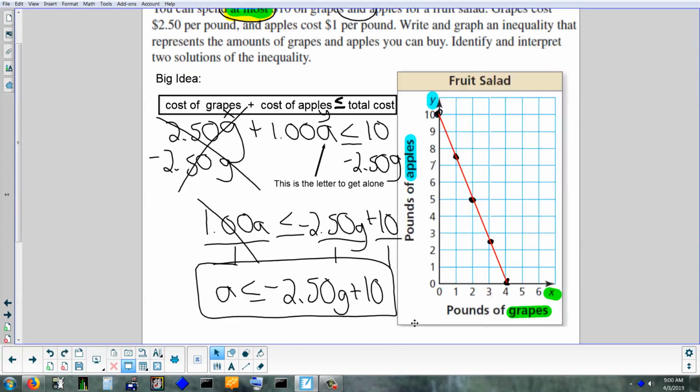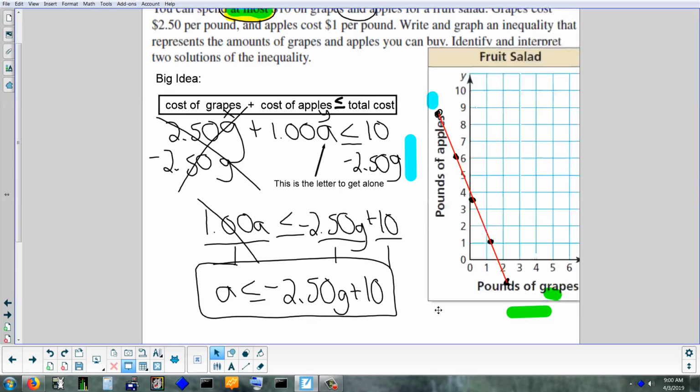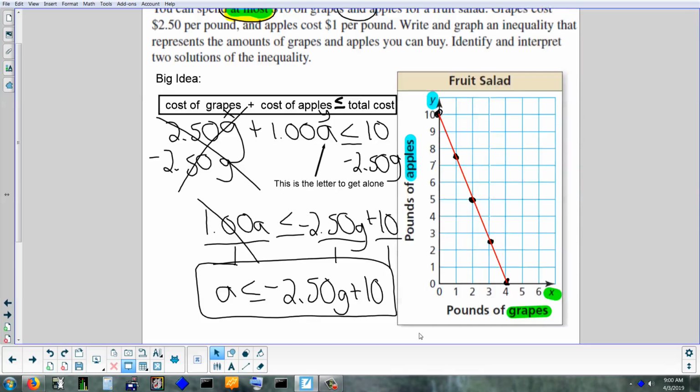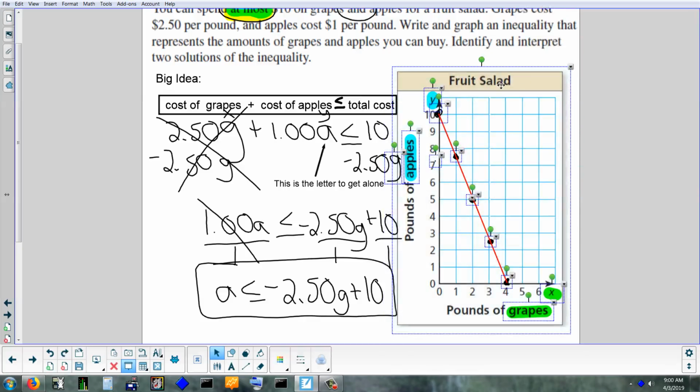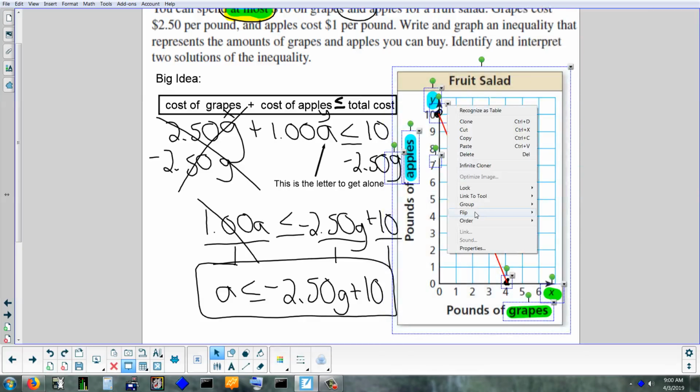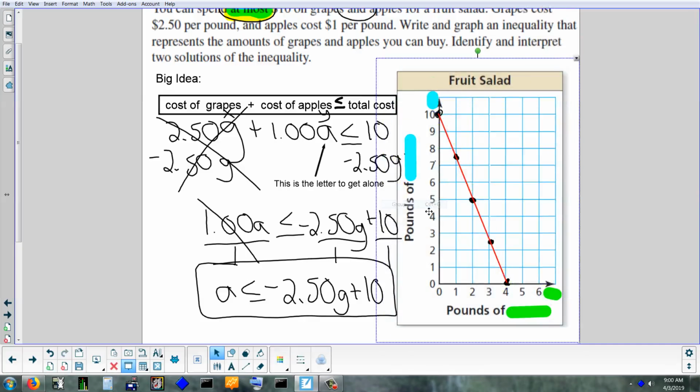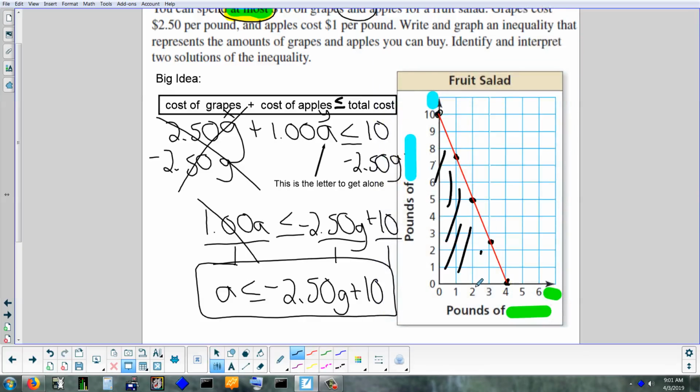All right. Now shading. Am I going to shade below? For this one, it's less than, so I'm going to shade below. This thing's going to shade it in for us. Now, we're almost done because we graphed it and we wrote the inequality.